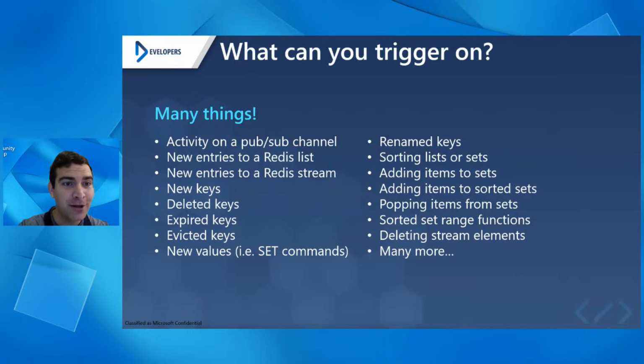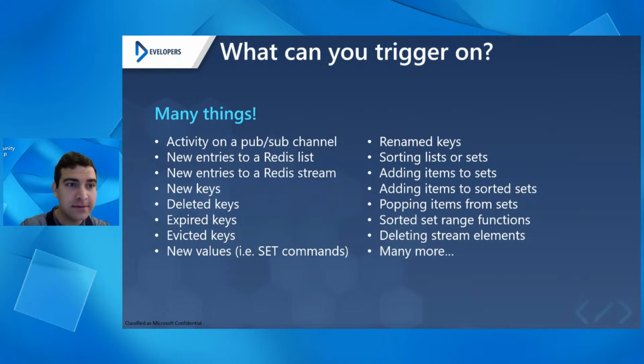I won't go through all of these, but just to go through a few highlights, there's extensive functionality with Redis lists and streams. And streams in particular is useful because that's a more durable data type in Redis to handle messages. So great for communication and coordination between services. You can trigger on things like new keys or expired keys.